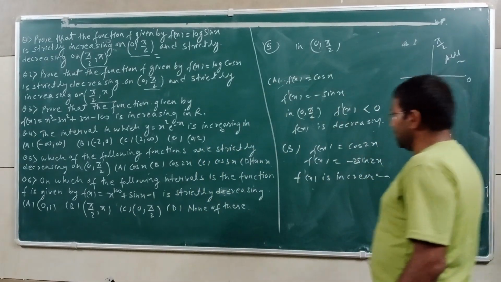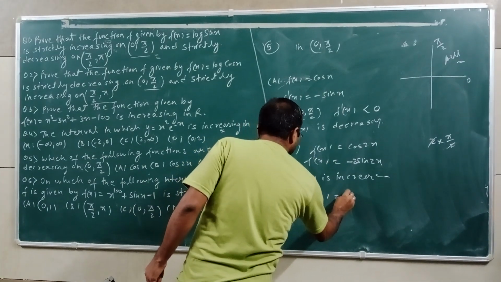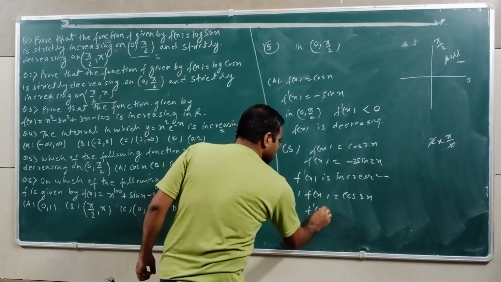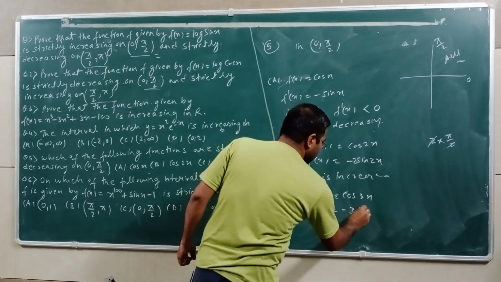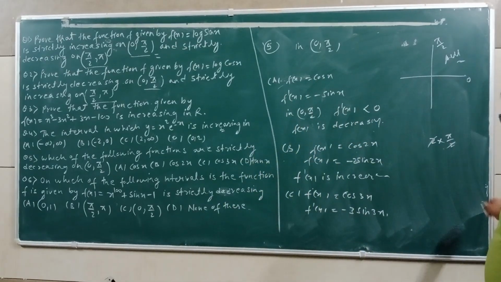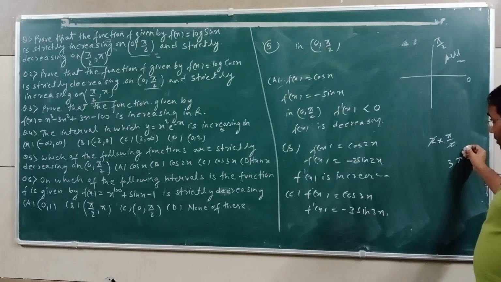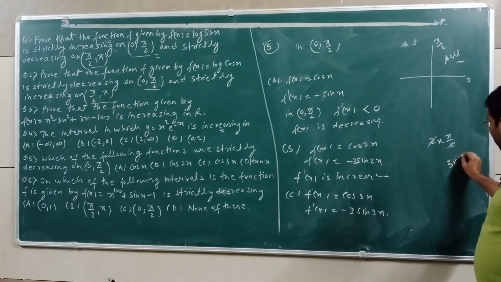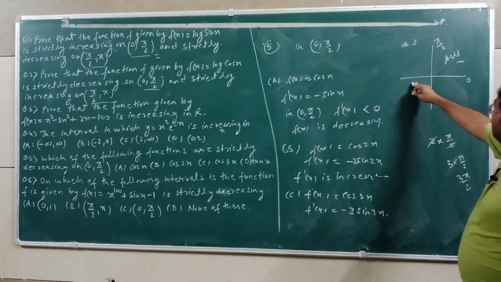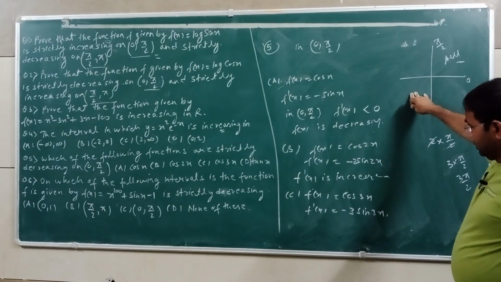Now what is there? C value f x is equal to cos 3x is there, then f dash x is minus 3 sin 3x. Okay, now see, 3 into pi upon 2 means 3 pi upon 2, greater than pi is there. In this the sign is negative.